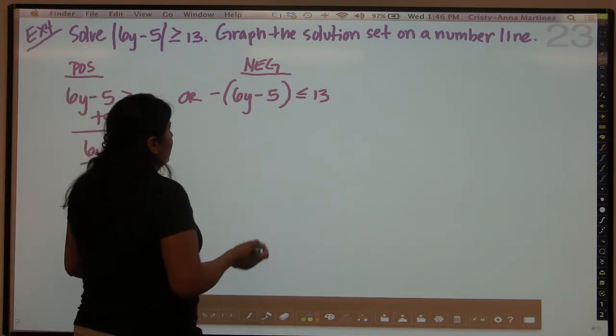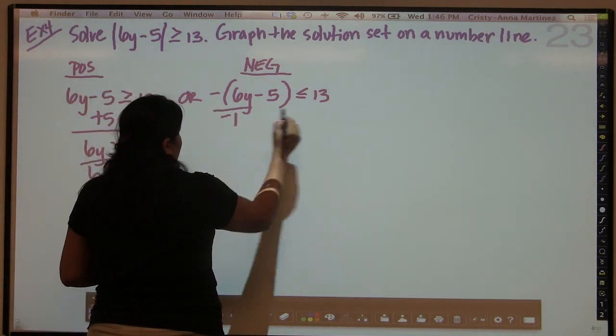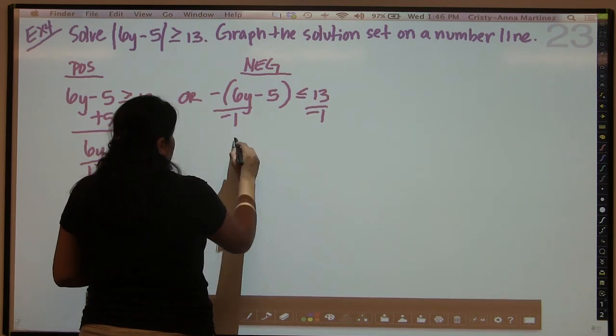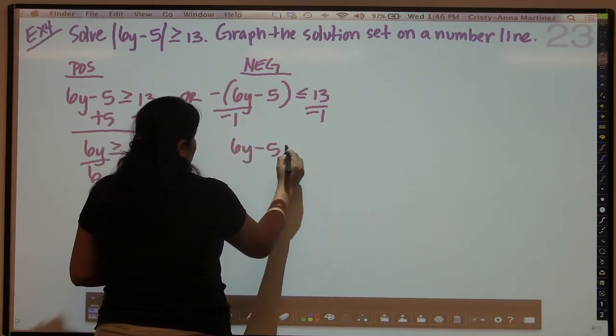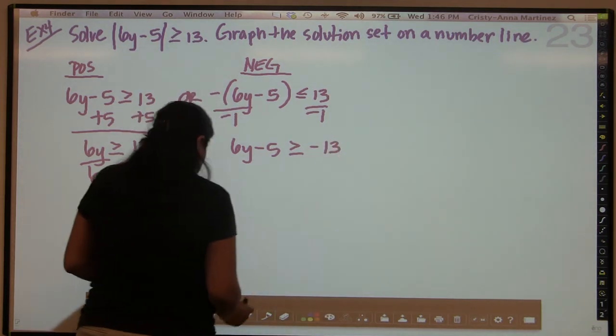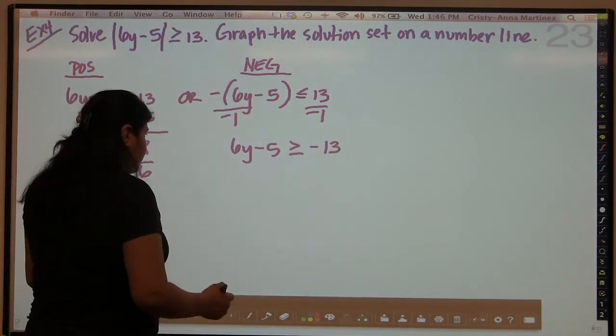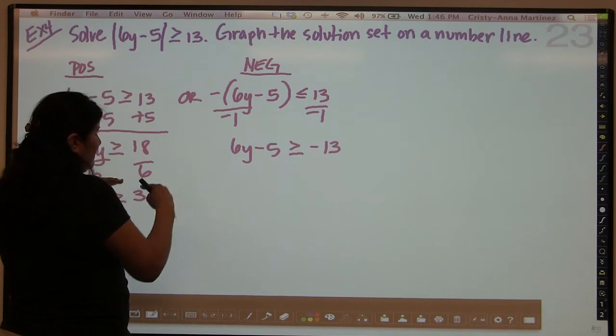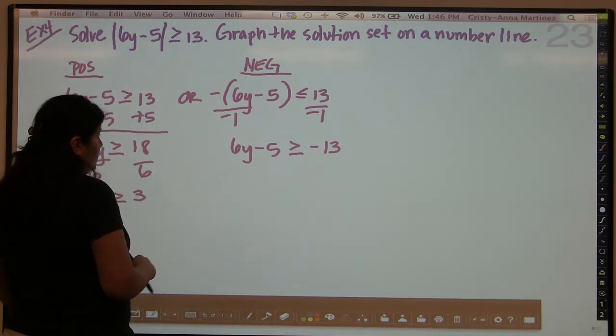Over here, you can divide by the negative, and when you do that, you get 6y minus 5, and then the symbol is going to change to a greater than -13. A lot of times, people try to do this as one step, and you can do that if you want, but I just choose to do two separate cases.